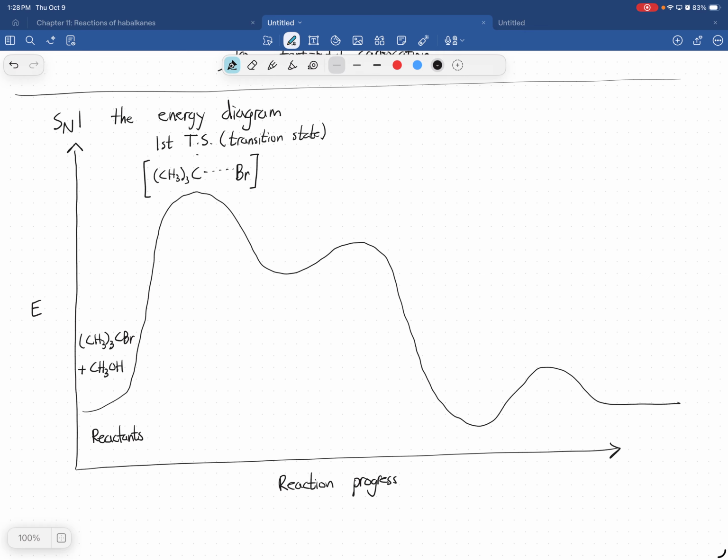So partially positive, partially negative, like that. That's your transition state. That bond's breaking, and then the intermediate is the carbocation.